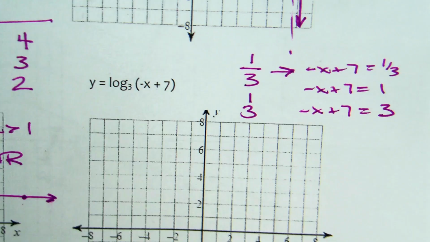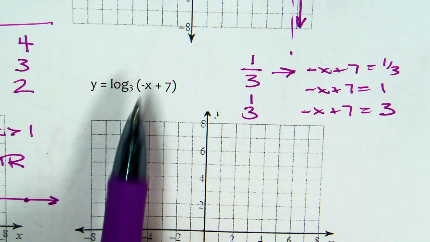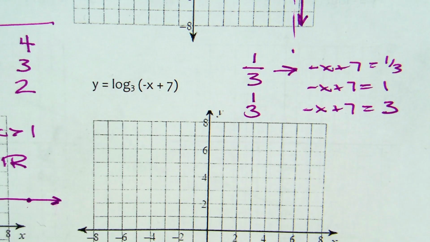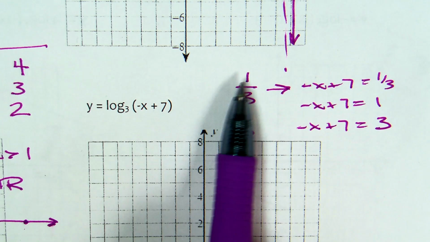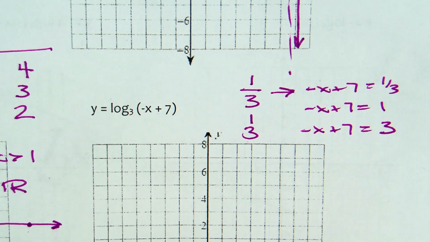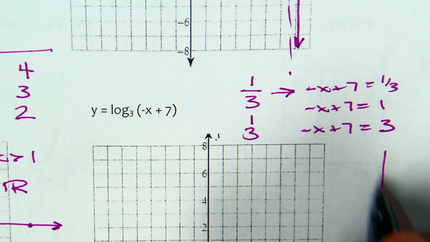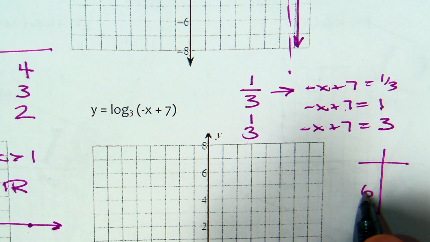That's the idea when you have multiple things going on. And when we say multiple things, you have a negative in front of the x and then a plus 7. So either in your head or on paper, you have to take that expression and set it equal to 1 over the base, 1, and then the base. Negative x plus 7 is equal to 1, that makes x 6.